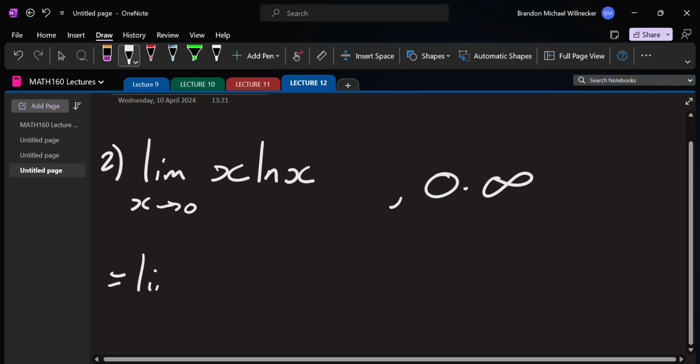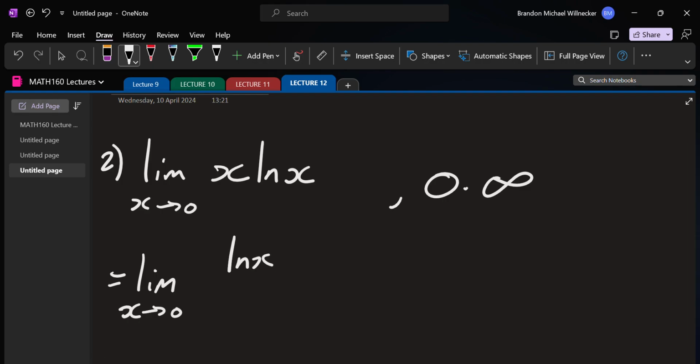Now how do we do that? We can do that with the following trick. So we have the limit, x goes to 0, natural log of x. Instead of multiplying by x, I'm going to divide by 1 over x. Think of it like instead of multiplying by 2, you can divide by a half. Same thing.